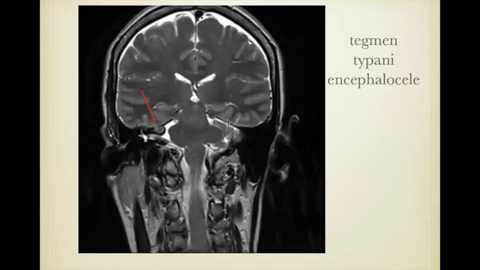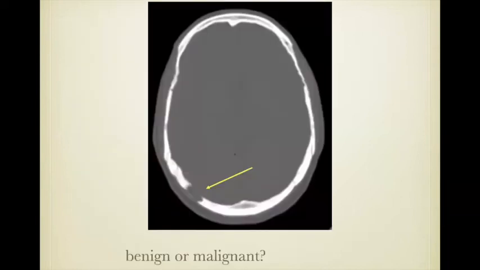This is actually near the tegmen tympani, maybe a little more medial than we usually think, but this is a portion of the brain that's extending down into the petrous bone. So again, another example of a hole in the head. This could be demonstrated on thin section temporal bones.